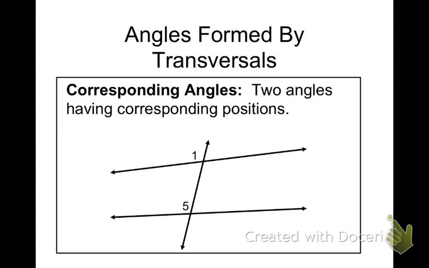So right now I have labeled angle 1 and angle 5 because that would be an example of corresponding angles. So I want you to label 1 and 5. Now notice, out of those 8 angles, angle 1 is the top left angle of this set of 4. If I go down to this set of 4, 5 is the top left angle in that set of 4.